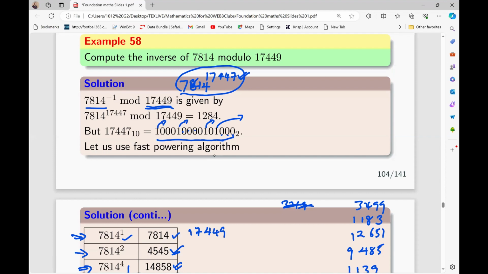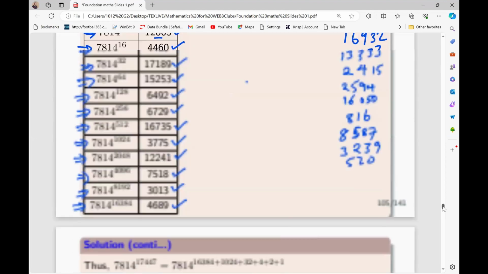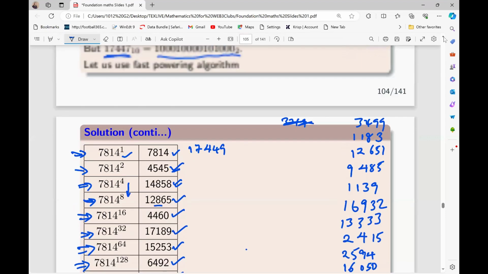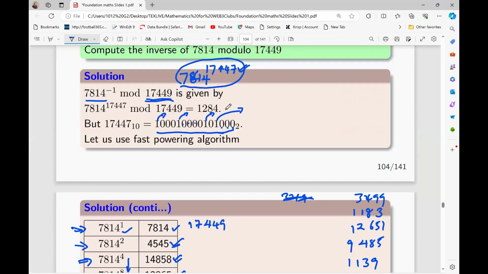Then skip and combine that. Let me just again explain. Beginning from the right-hand side, this is power 1, the first power. So it's this number here.